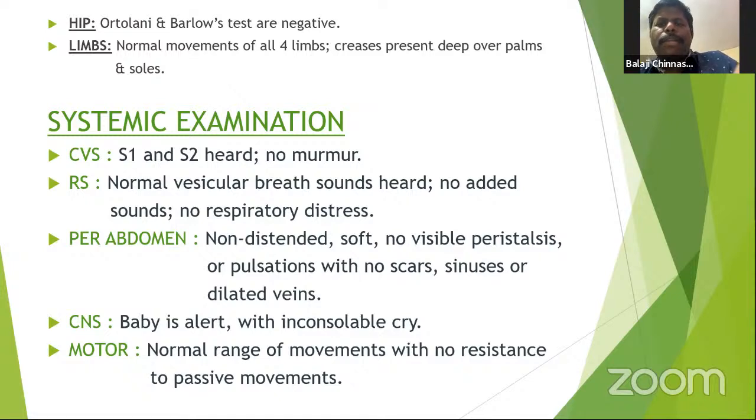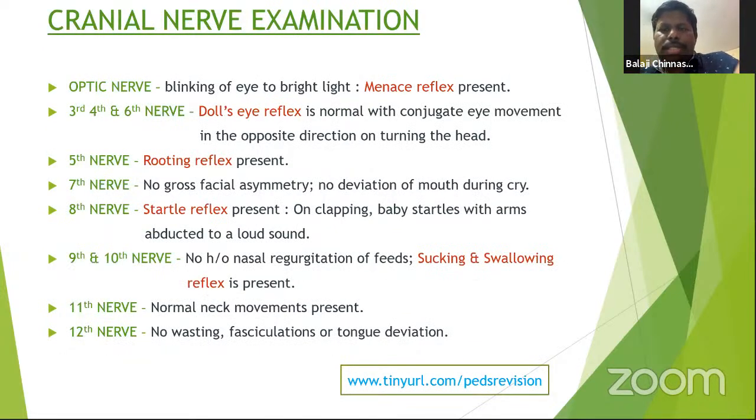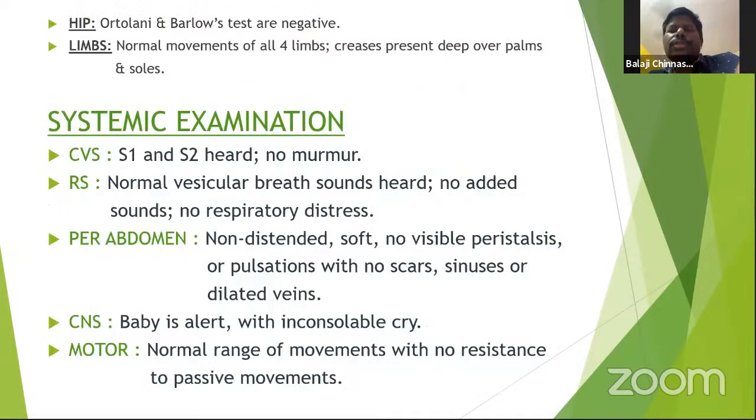Next. The systemic examination is almost simple. You need not elaborate like we usually do in pediatric cases. Inspection, palpation, percussion are not needed. Maybe in the abdomen you can add about organomegaly. Usually 2 centimeters of liver may be present, so you can add that. Otherwise, if you have any murmur, you talk about the murmur.